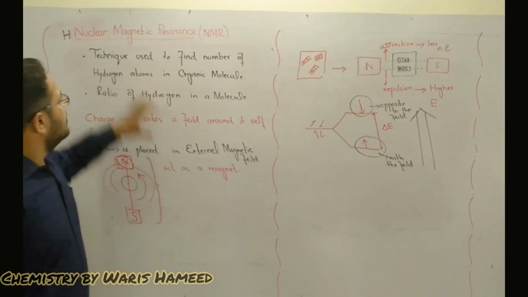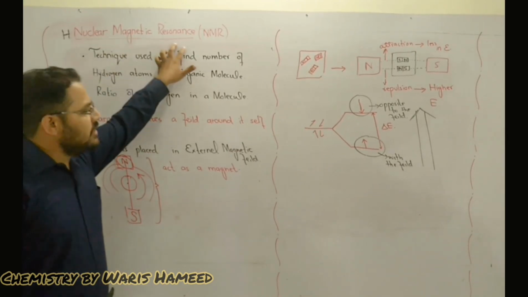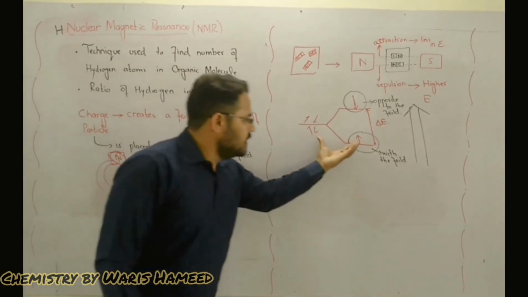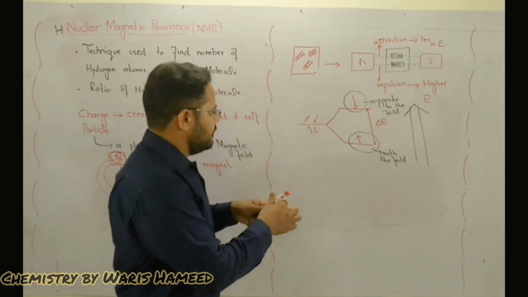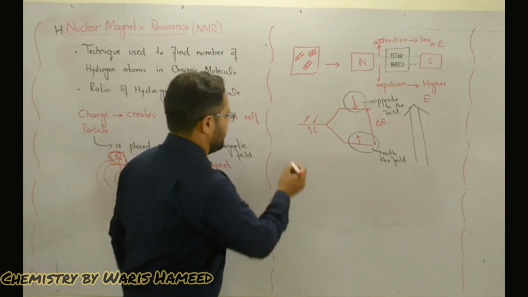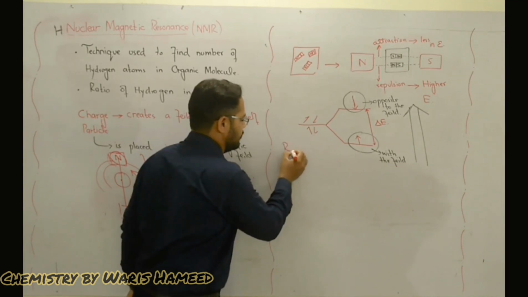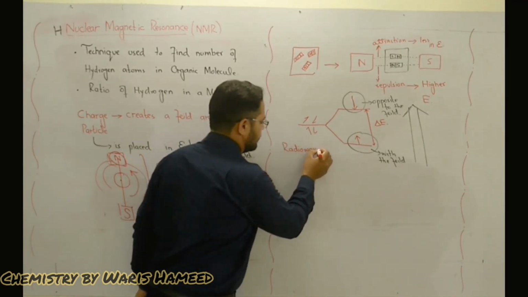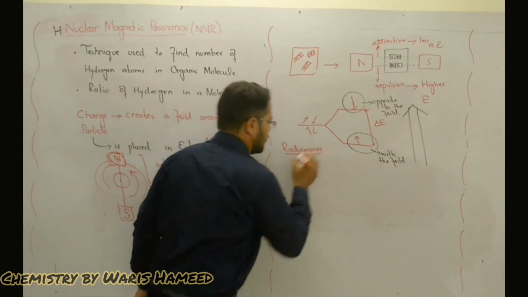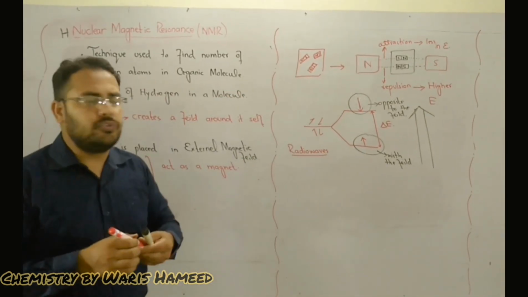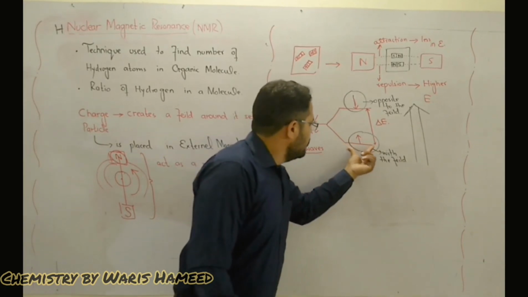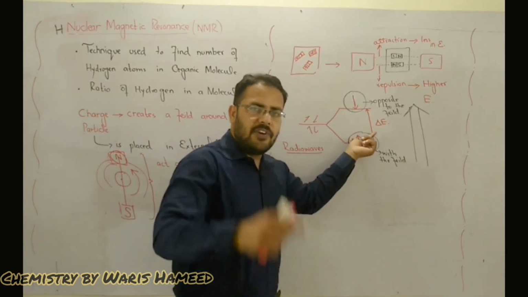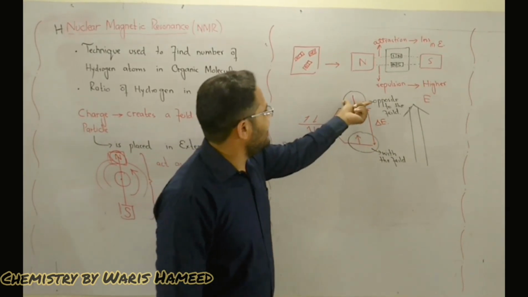Now nuclear magnetic resonance works on this principle. We use radio waves. These radio waves are used to move the nuclei from the lower energy level to the higher energy level.